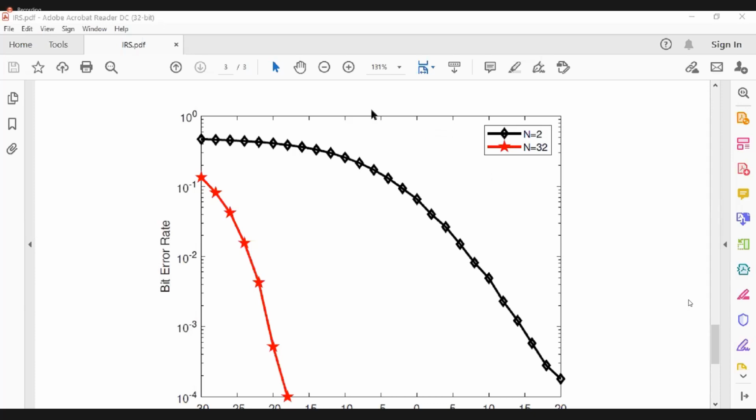Yeah. So one more question here, sir. What is the scope of spectrum sensing in 5G or 6G research?